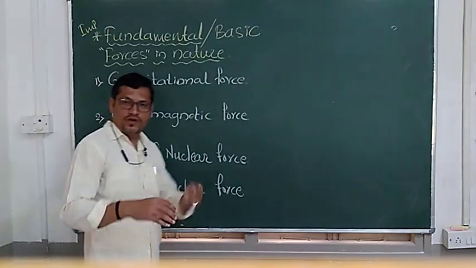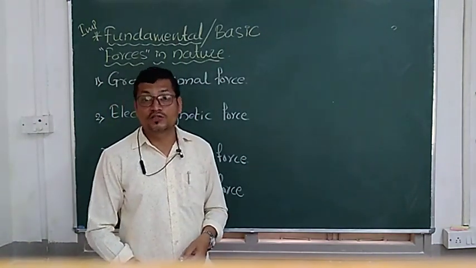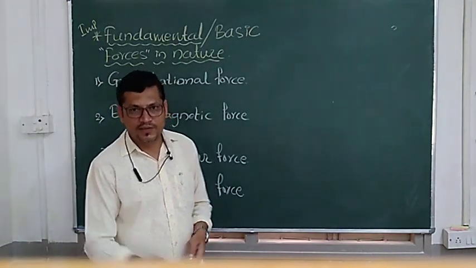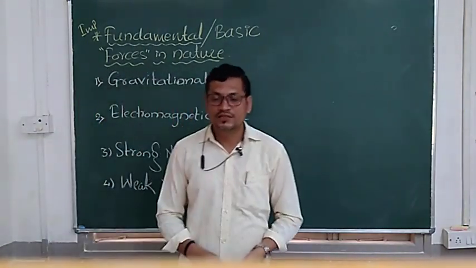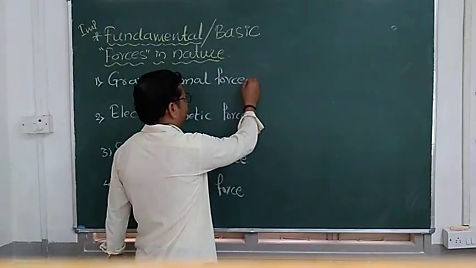So here, gravitational force. We are going to study this in the gravitational chapter, but I will tell what is meant by gravitational force. This gravitational force is an attractive force.